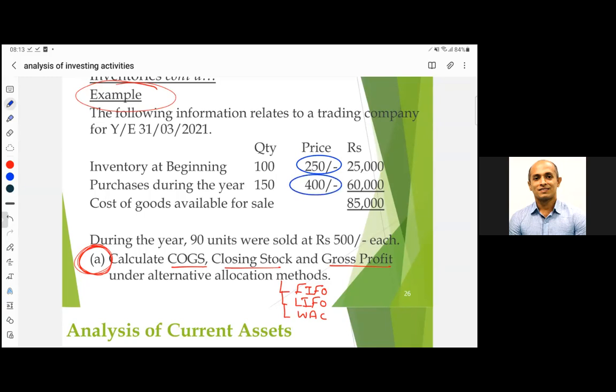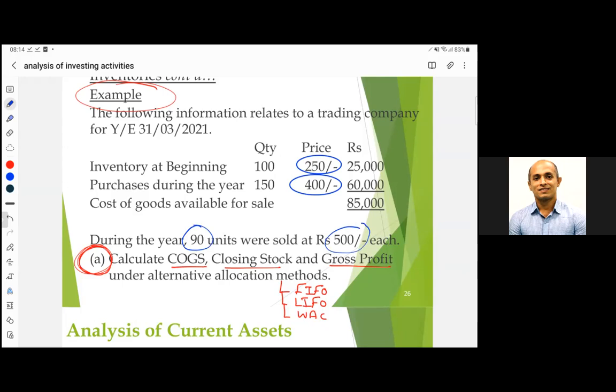Now you see current price is higher than last year price. Then during the year 90 units sold at the price of 500.